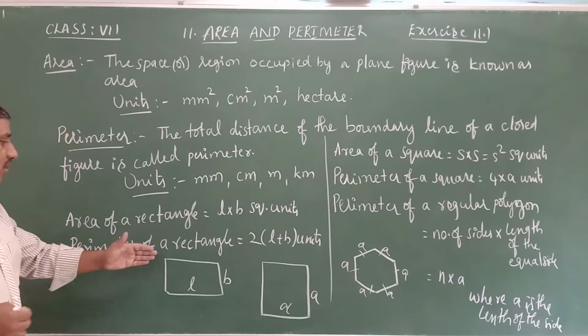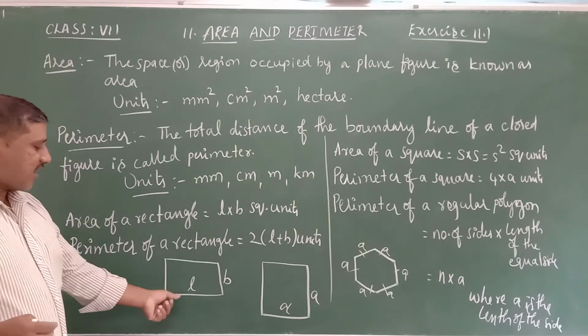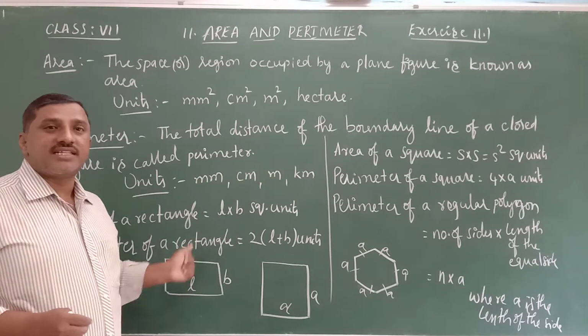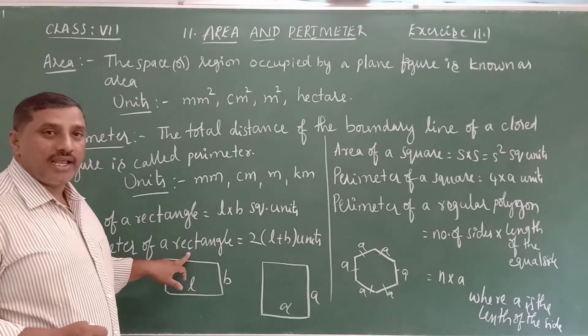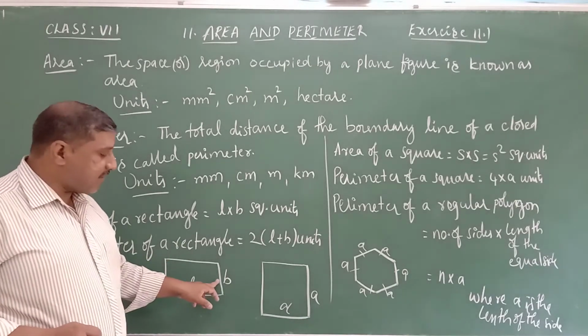Then what is the perimeter of a rectangle? Here we have one length. In a rectangle, opposite sides are equal. So this is L and this is also L. This is breadth and this is the breadth.